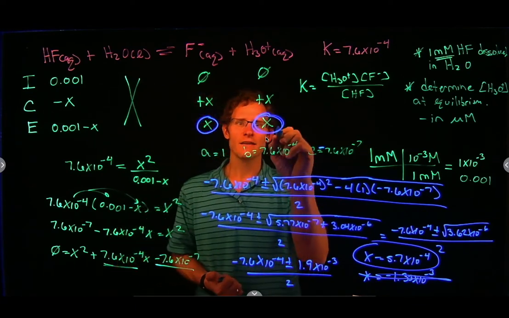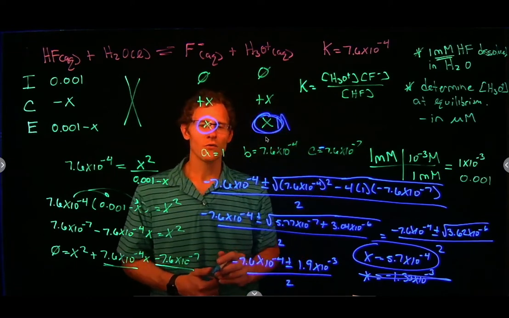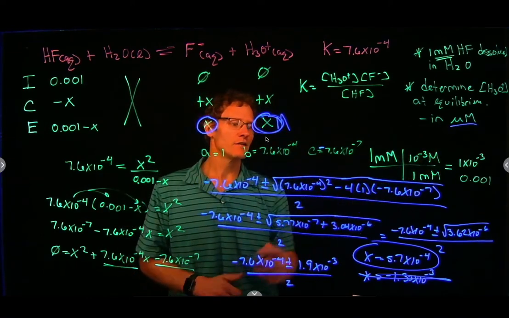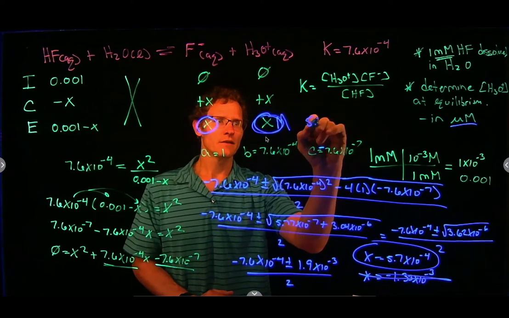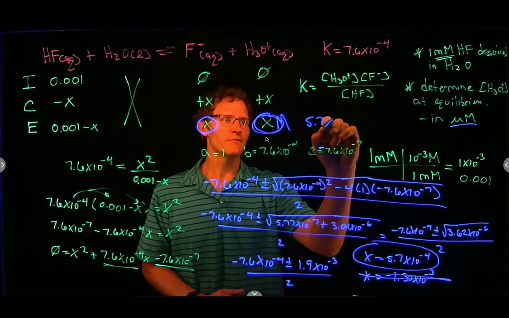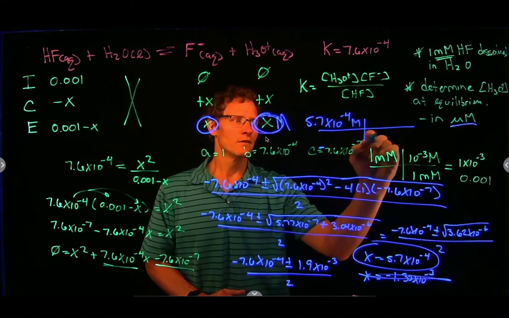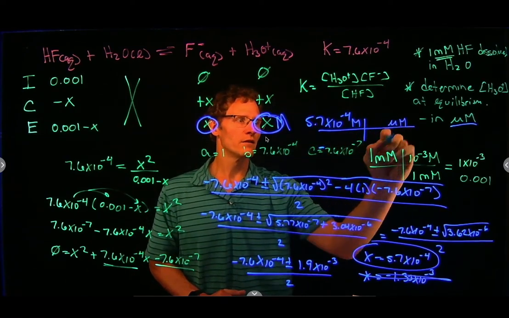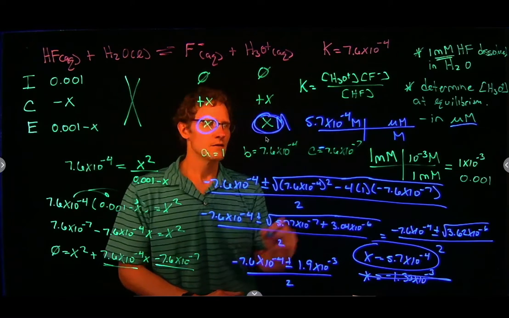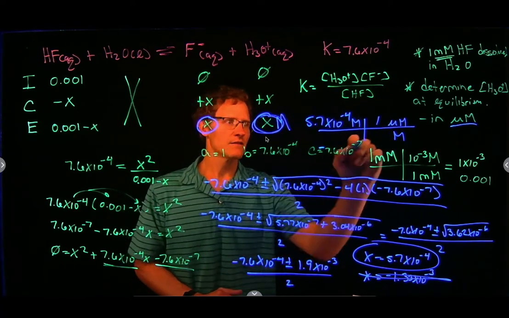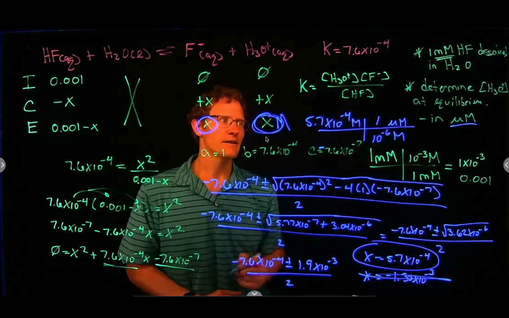That's what we were looking for. But this is in molar units. We want it to be in micromolar. So the last step here is to convert to micromolar. 5.7 times 10 to the minus fourth molar. We want micromolar. It's in molar. So remember, 1 goes to the prefix. The conversion factor is 10 to the minus sixth.